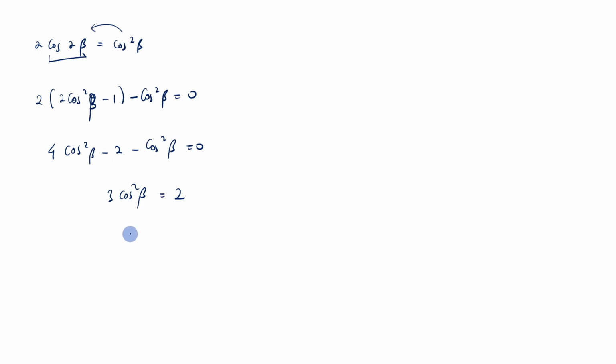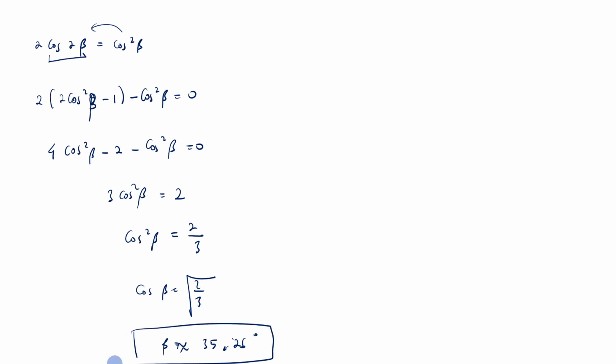Of course, cos beta square equals 2 divided by 3, and cos beta equals the square root of 2 divided by 3, and by the numeric method we get the approximate solution for beta: 35.26 degrees.